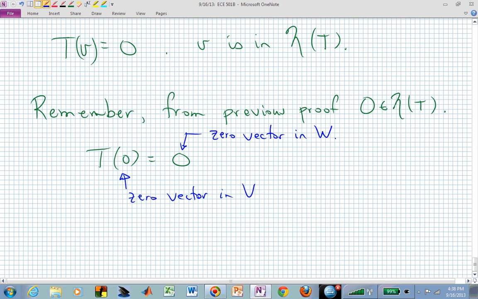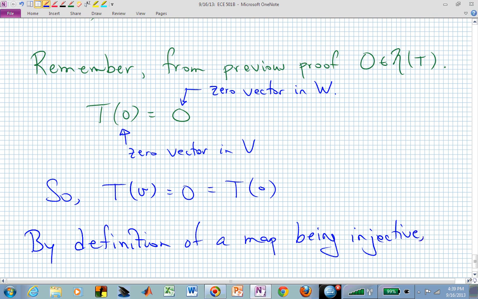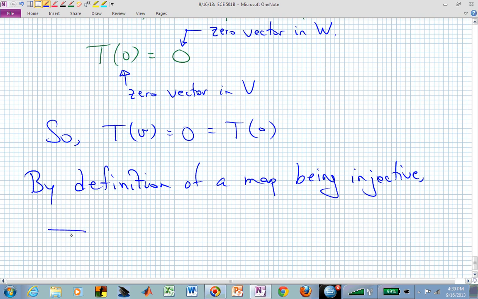So now this says, since TV is equal to 0 is equal to T of 0, by definition of a map being injective, that implies that the arguments of that operation must be the same.